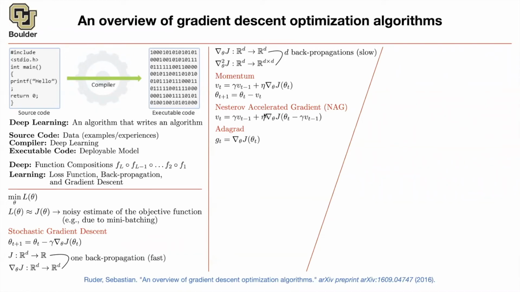For AdaGrad, this is just our gradient. Let's call it G, that's our G_t. The idea is that this is the same gradient descent that you have here: theta t plus 1 is equal to theta t minus eta, which is now adaptive, times the gradient. But how do you make it adaptive? You take a running average. It's not actually a running average, it's the sum of the gradients multiplied by each other.